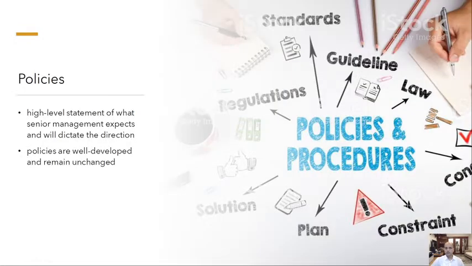Then come the policies. Policies are the high-level statements of what the senior management expects, and they dictate the direction to the lower management. Whatever procedures and guidelines come will be based on the policy only. If in the policy we say that we require this much security in our environment, that is a policy.